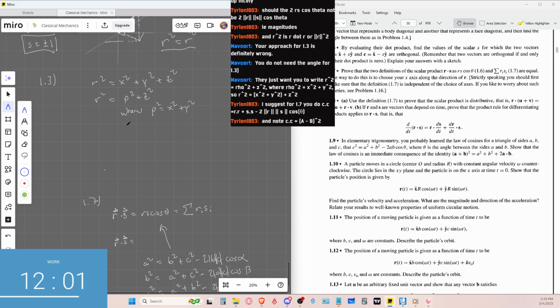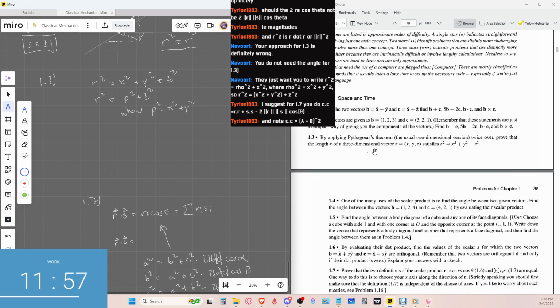But why? How did you get that from that problem, though, Mavort? Twice over. Is it because they just want you to make it look like it's doing the Pythagorean theorem twice? Is that how you got that conclusion for this problem?